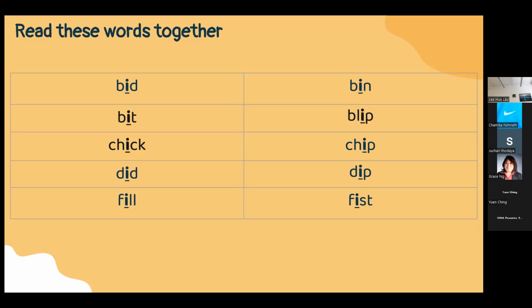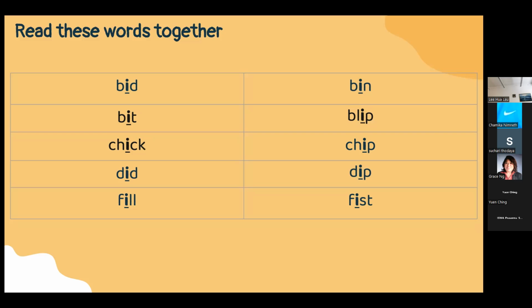Okay, so moving on, there's the word that begins with C. Check. The K needs to be pronounced as well. So you go check. So the next word. Chip.